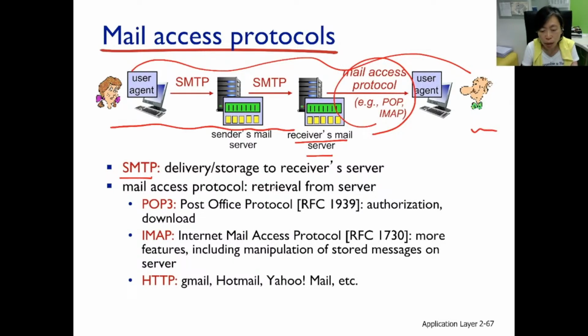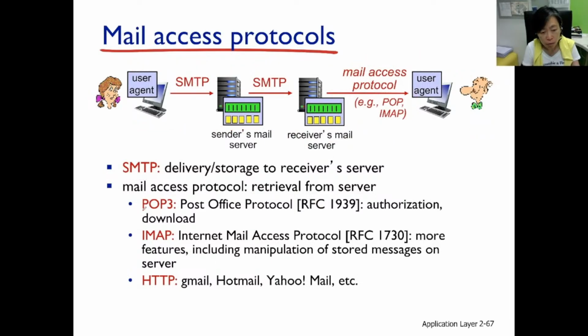What it does is allow the receiver to retrieve email from its local server. There are three very popular mail access protocols: POP3, Post Office Protocol; IMAP, Internet Mail Access Protocol; and HTTP. These two are more specifically defined for the purpose of allowing a receiver to retrieve email. The functionality is also similar.